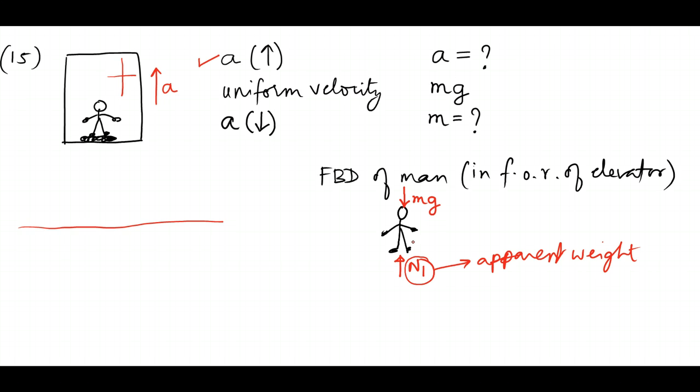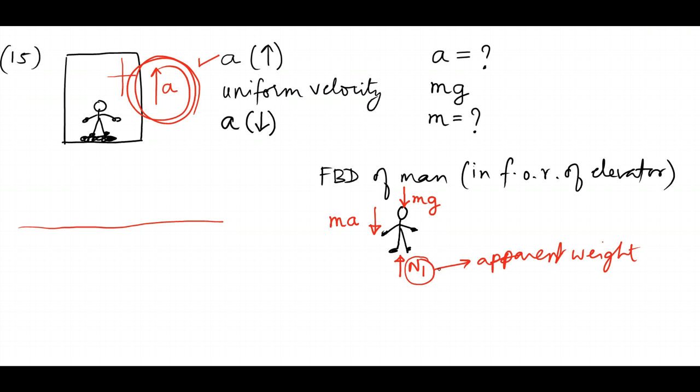Now, the third and final force is the pseudo force. And as we know, this pseudo force is related to the acceleration of the elevator in the ground frame. The acceleration is a in the upward direction, and so the pseudo force is obtained by drawing an arrow in the downward direction and assigning a magnitude to the pseudo force of the mass of the object, in this case the man, multiplied by a.